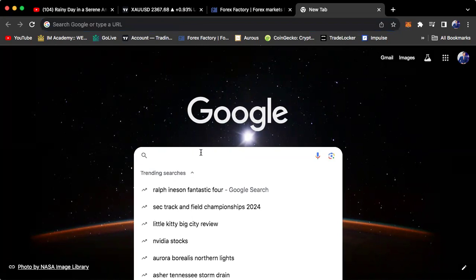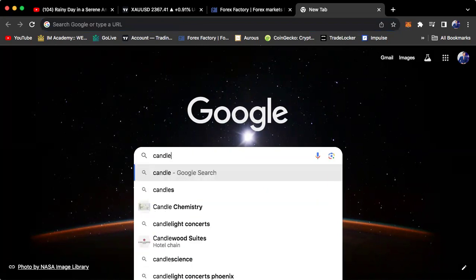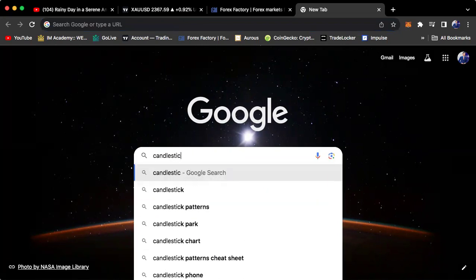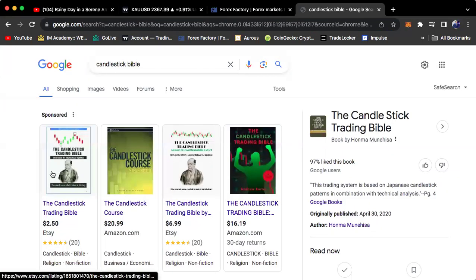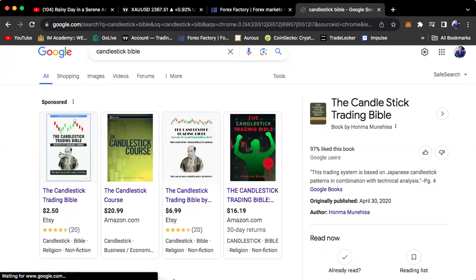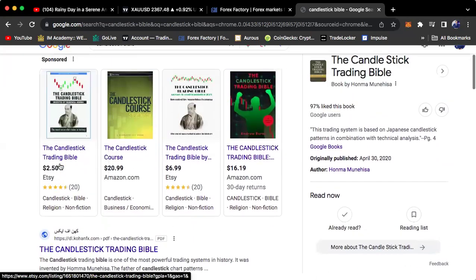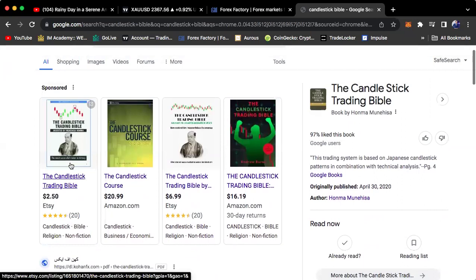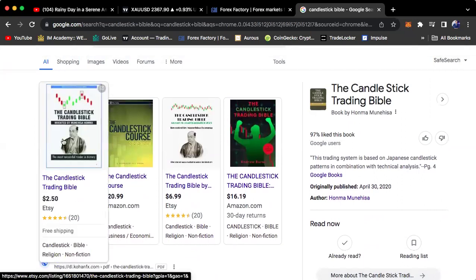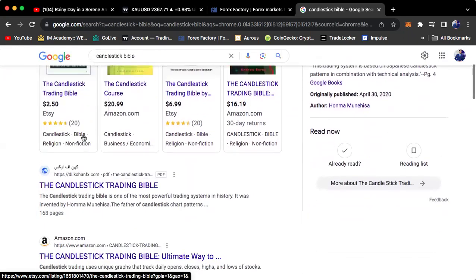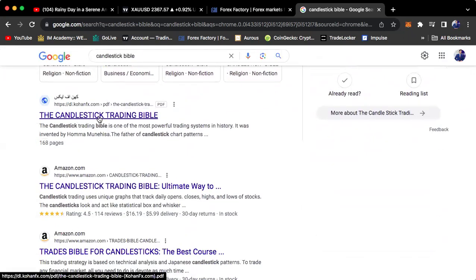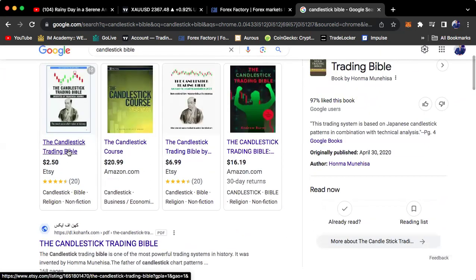But yeah, it's called the Candlestick Bible. This one right here. It has this cover, The Candlestick Trading Bible. You can get it from Amazon.